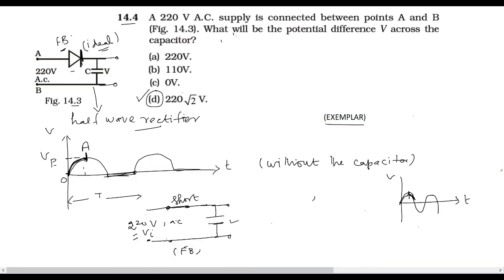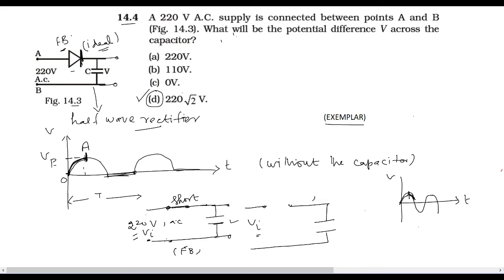Therefore, the diode becomes reverse biased. Therefore, the equivalent circuit is an open circuit, and there is no output from the diode. So the capacitor discharges from this point onwards.